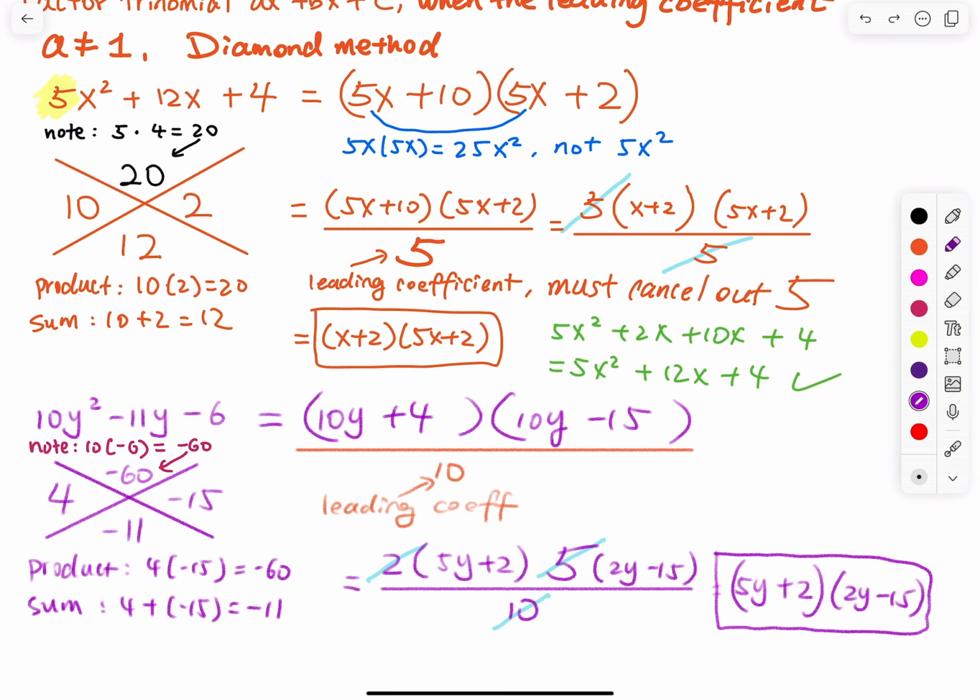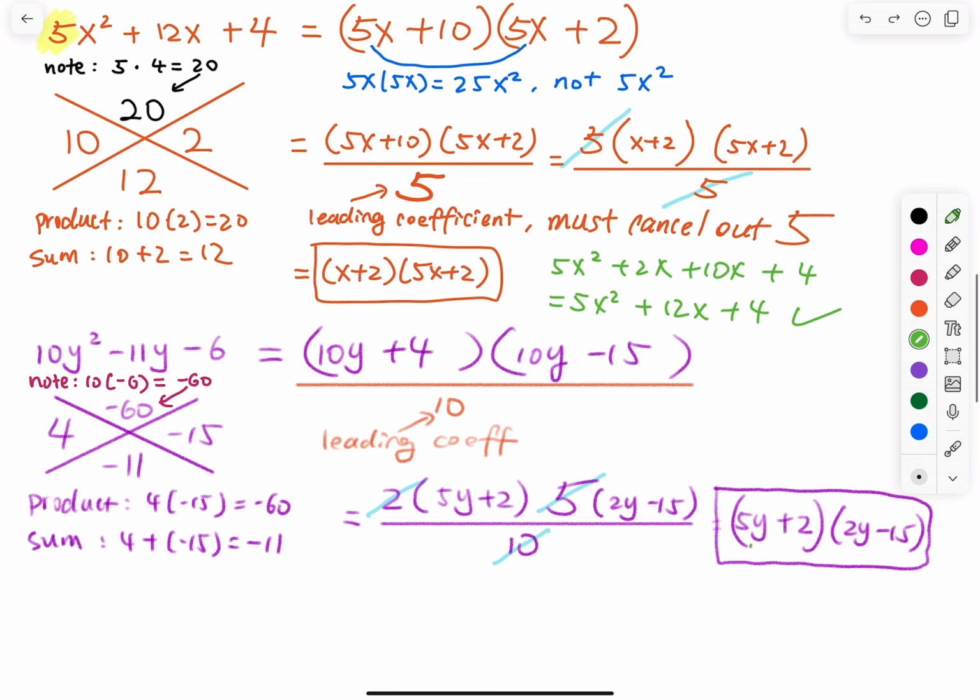Can we check the work real quick? Of course. So let's check the work real quick. So 5y times 2y, we have 10y squared. 5y times negative 15. This is minus. 5 times 5 is 25. 1 times 5 plus 2, 75. y. And then 2 times 2 is 4y.